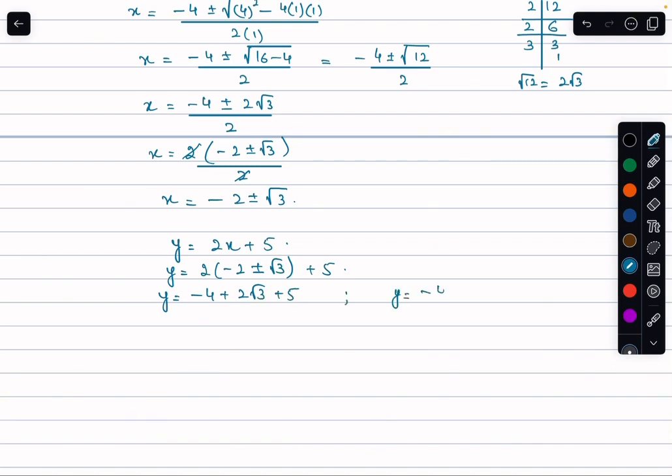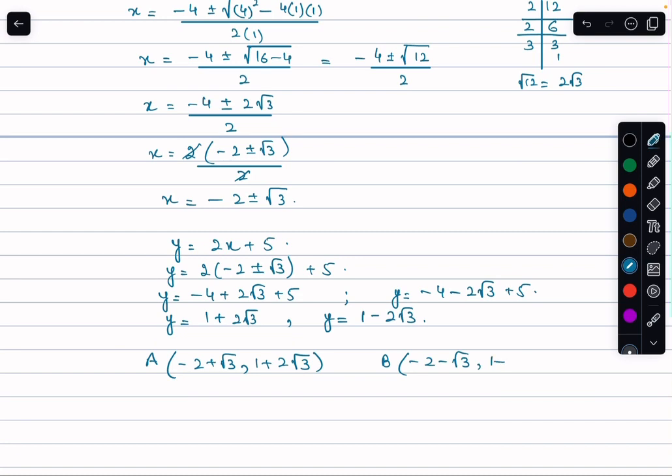The second is going to be minus 4 minus 2 under root 3 plus 5 here. So my answer is y equals 1 plus 2 under root 3, and y equals 1 minus 2 under root 3. So I can give the coordinates of A as negative 2 plus under root 3, comma 1 plus 2 under root 3, and the coordinates of B as minus 2 minus under root 3, comma 1 minus 2 under root 3. So these are the coordinates of A and B.